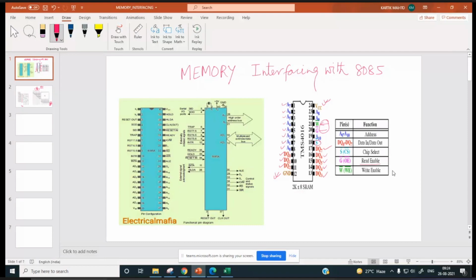So you can see this is 2048 into 8 SRAM. It stands for static RAM. 2048 locations are there, and in each location we have 8-bit data. Right? We can write 8-bit data, or we can read 8-bit data from here. So first of all, you need to send the address.